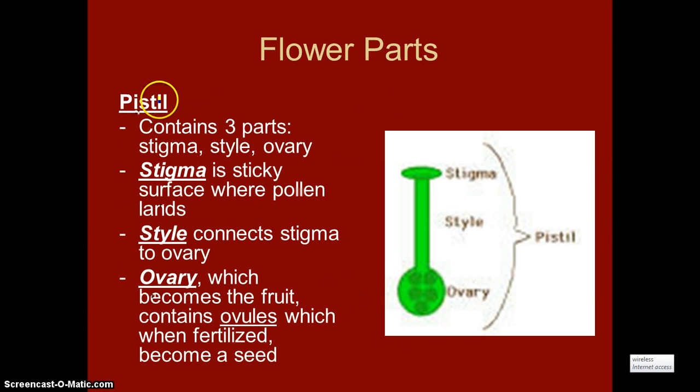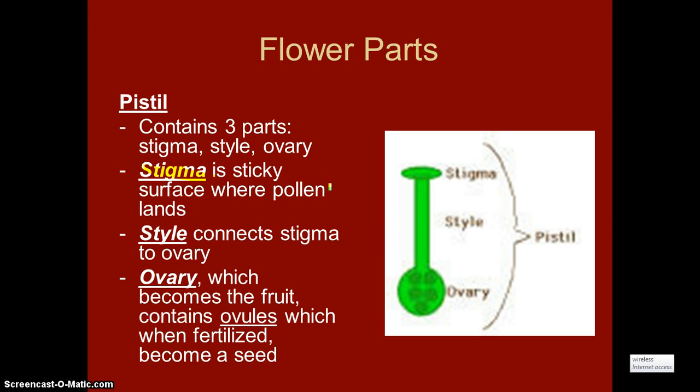The female part of the plant is called the pistil, and it actually has three parts. The first part is called the stigma, and this is the sticky part at the very top that provides an area where pollen grains can land. When pollen grains land, they begin to form a tube down this tube called the style. Oftentimes we say the sperm within the pollen travels in style down to the ovary.